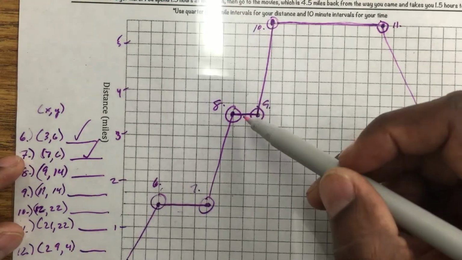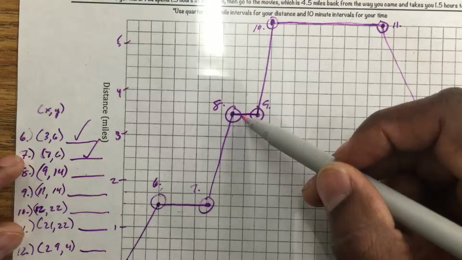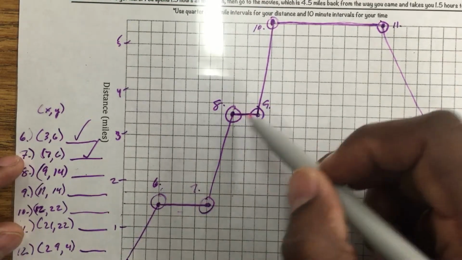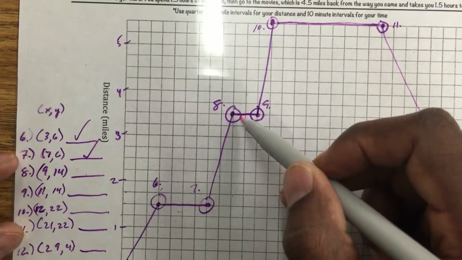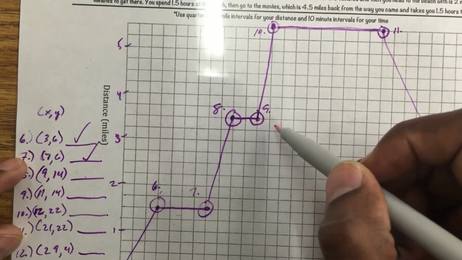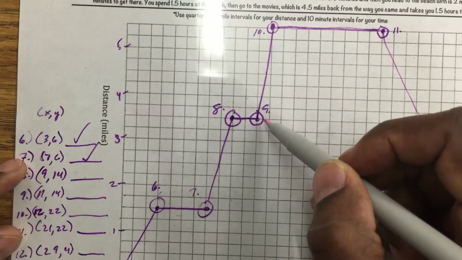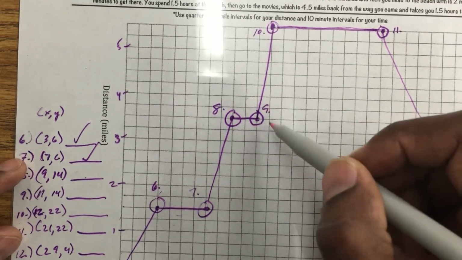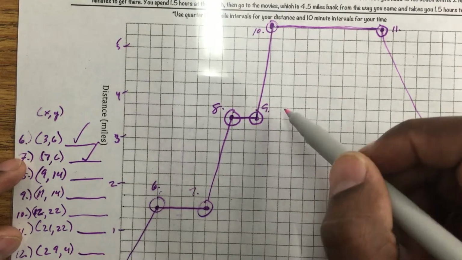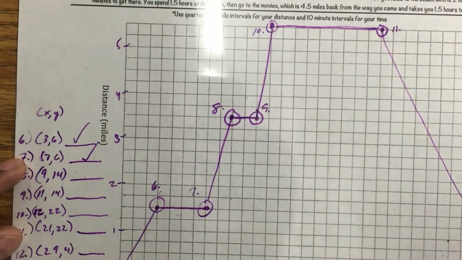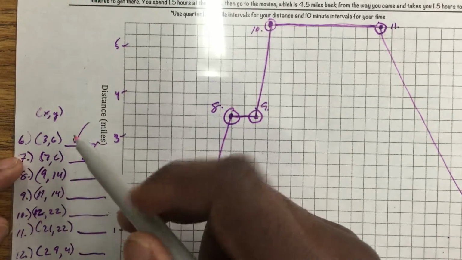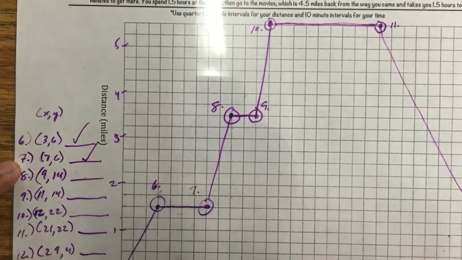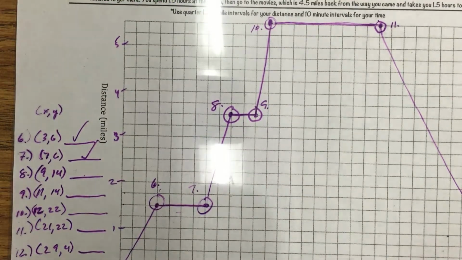All right, and then number 8, if there's a dot in there, give them the check, and the same for each one. For number 9, that circle that you drew, if they have their plot point there, give them the check. If their plot points are not in these circles, they do not get the checks. Okay, so there were 6 plot points that should have circles on them. If they don't, then they missed it.